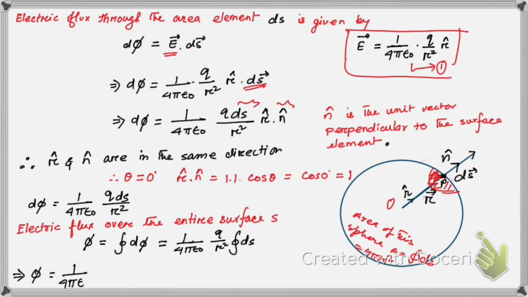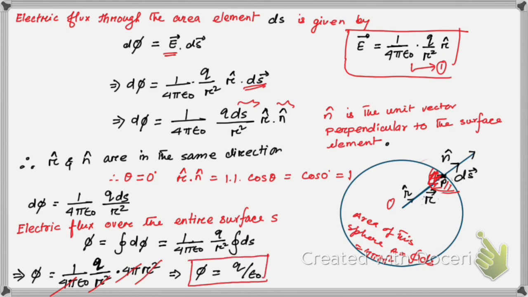So therefore phi will be equal to 1 by 4 pi epsilon naught q by r square, and integrating ds we will get the area of the whole surface, that's gonna be equal to 4 pi r square. And after cancelling these terms, what have we got? Phi is equal to q by epsilon naught, and that is the Gauss theorem. So hope you have understood this. Gauss theorem is proved now.